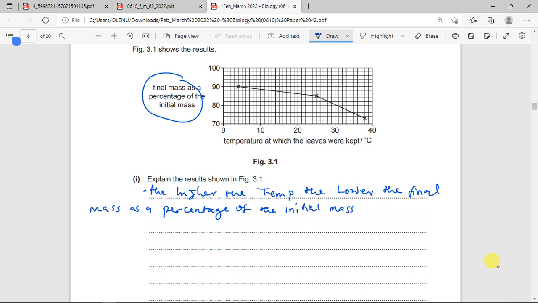So the higher the temperature, the lower the final mass. You find out that at lower temperature, from 5 to approximately 20, there is a gradual decrease. So it's gradual here.